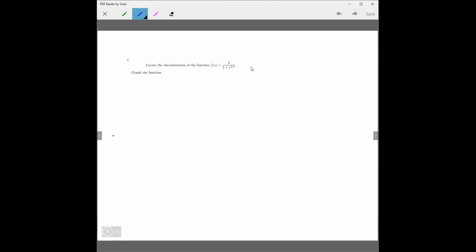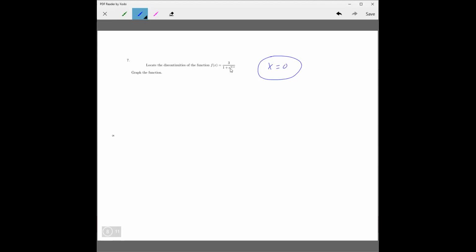So the discontinuity would be 0. It would be the only discontinuity, because that makes this denominator 0, so that's undefined. Okay, and then graphing it. Oh, it says you can use a graphing calculator.